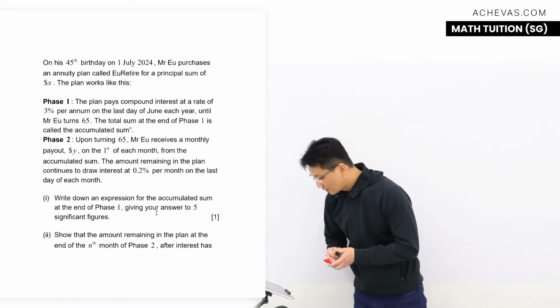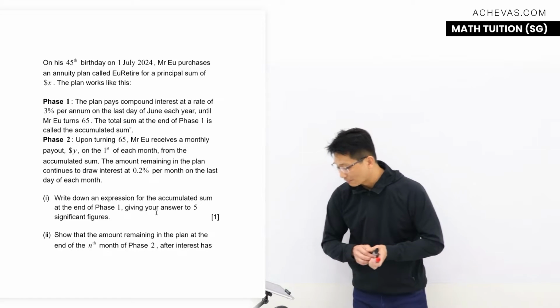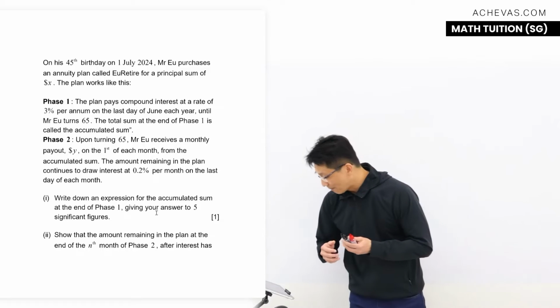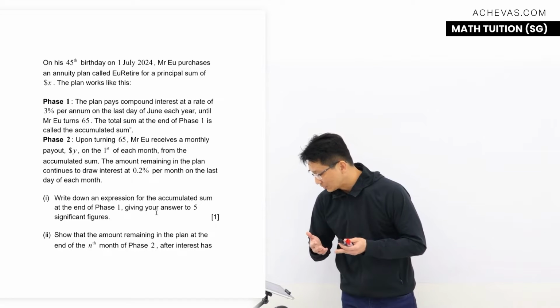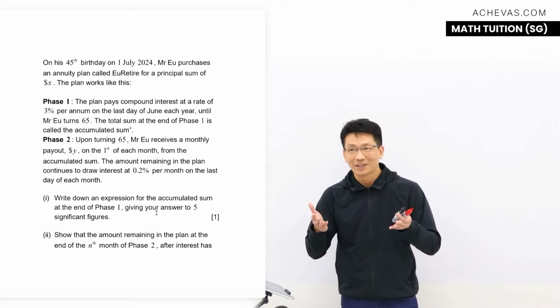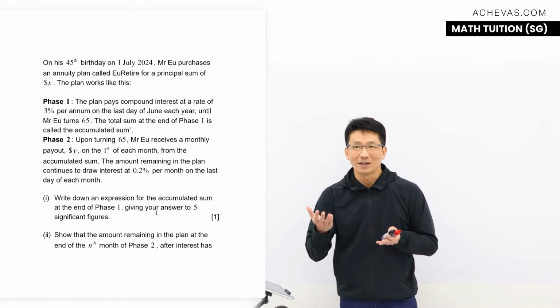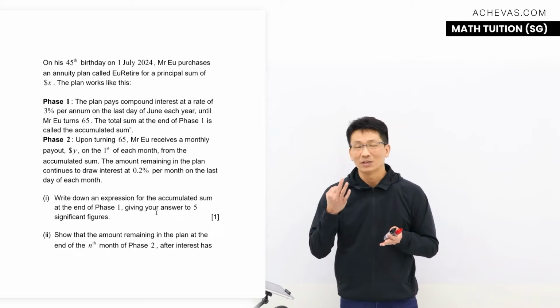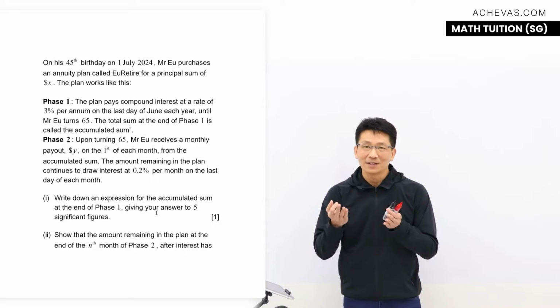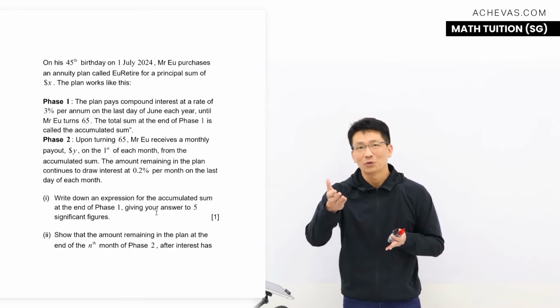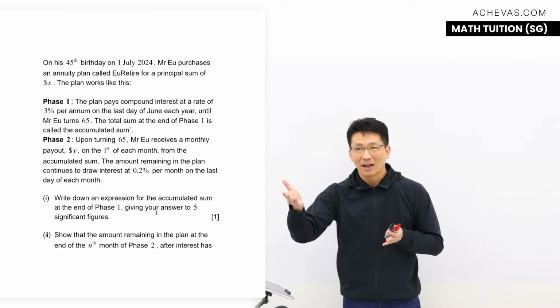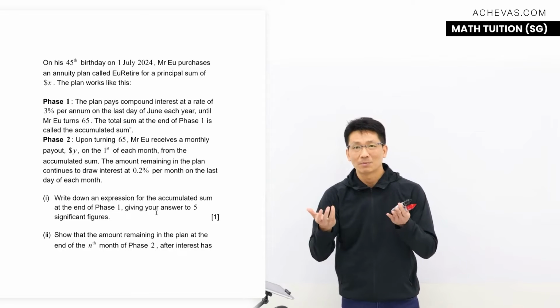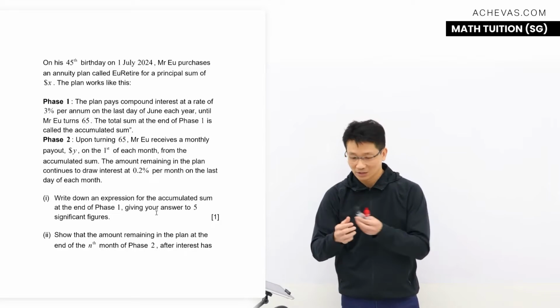For the first part of the question, it says write down an expression for the accumulated sum at the end of phase 1, giving your answer to five significant figures. I suppose the accumulated sum is stretched through a total of 20 years. For 1 year, since the interest given is 3%, at the end of the first year, the amount will be 1.03 multiplied by X, because it's the principal plus the additional interest.